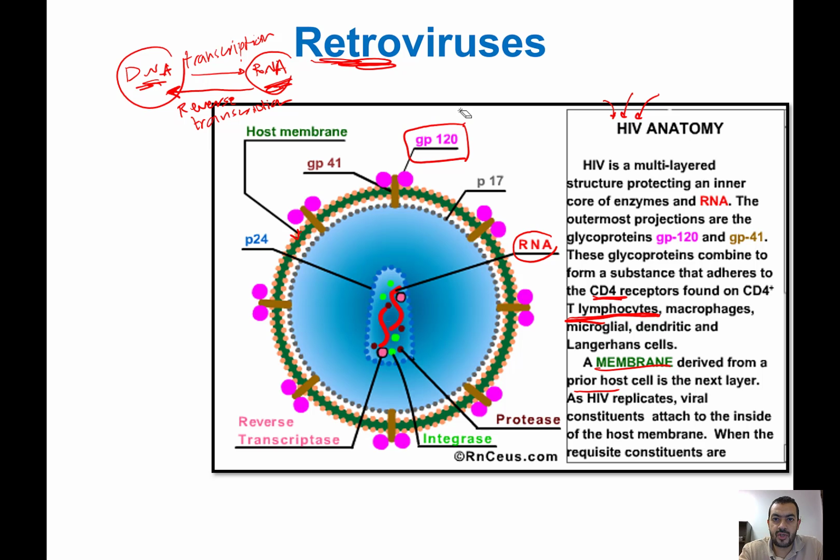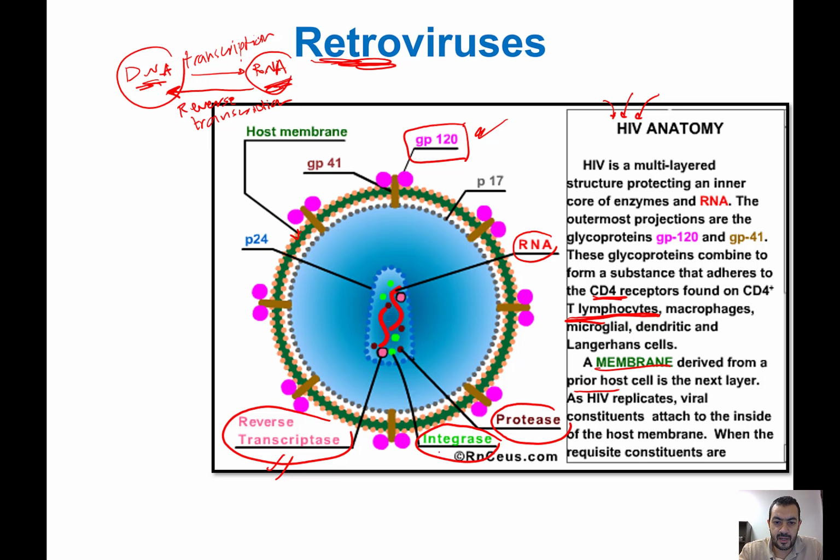In addition to the GP120, we have the enzymes protease, integrase and reverse transcriptase. Reverse transcriptase, as you remember, is the enzyme that will help this RNA genome to be reverse transcribed into DNA.